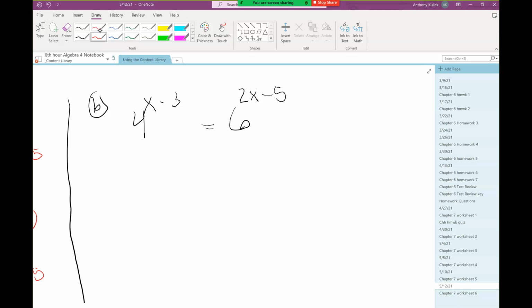Well, in a situation like this, I need to use a logarithm. Now, there's lots of different logarithms I could use. I could use log base 5, I could use log base 7, I could use log base 3.26. The question is, which logarithm should I use? Well, the answer is it doesn't really matter, but you can make the problem easier if you choose one of 2 logarithms.